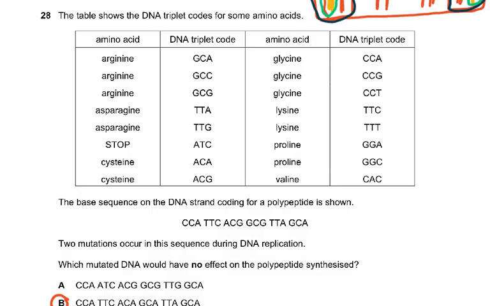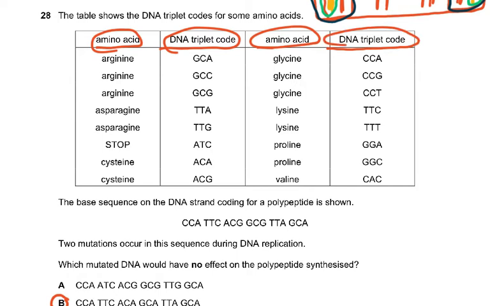This is a very long table. It says the table shows the DNA triplet codes for some amino acids. So amino acid, DNA triplet code, amino acid, DNA triplet code. So we've got 4 headings: amino acid, DNA triplet code, then amino acid, and then DNA triplet code.